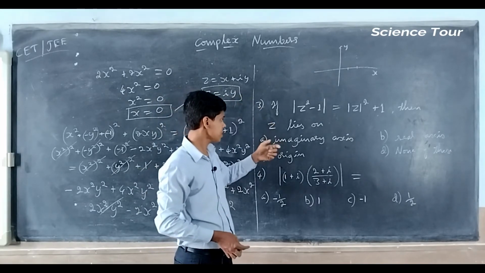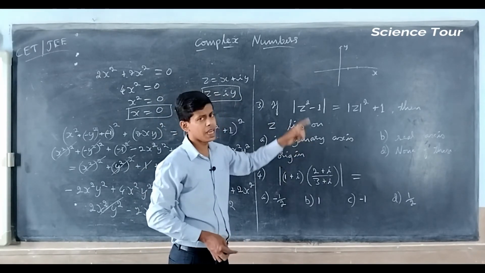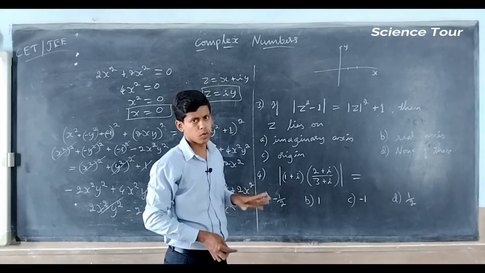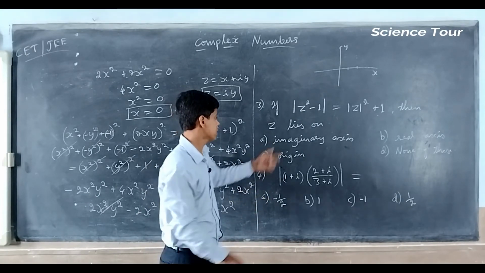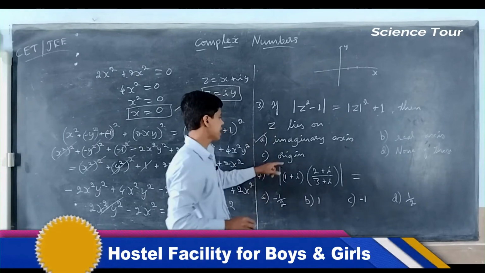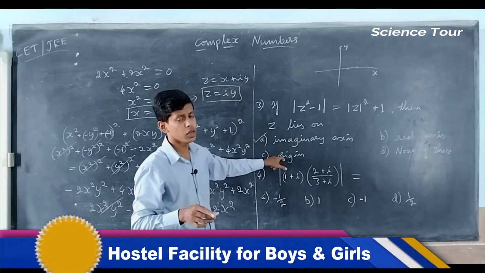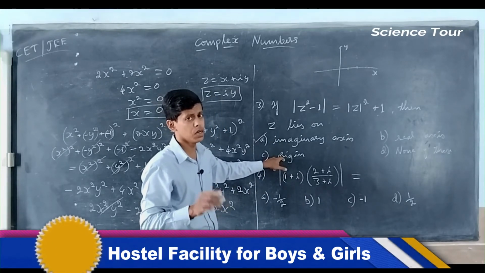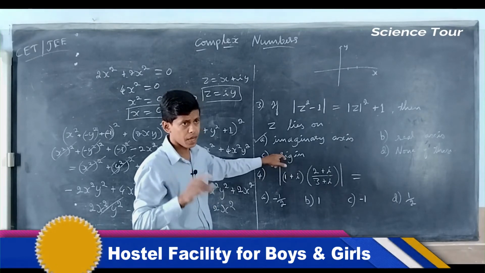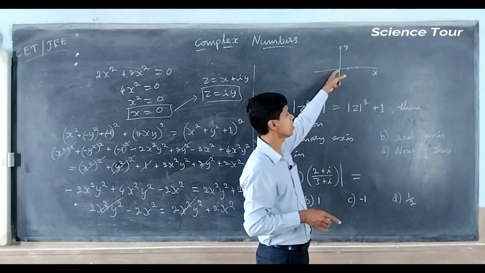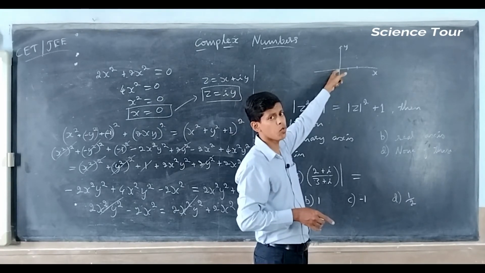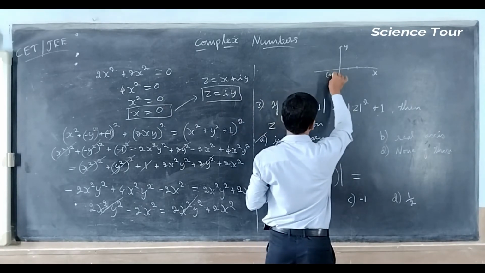So is it on the real axis? The real axis is the x axis. No, it is not on the real axis. Therefore, it is on the imaginary axis. Is it on the origin? If the complex number is on the origin, then even y should be 0, right? Because this point is 0, 0. X is 0 and y is also 0.